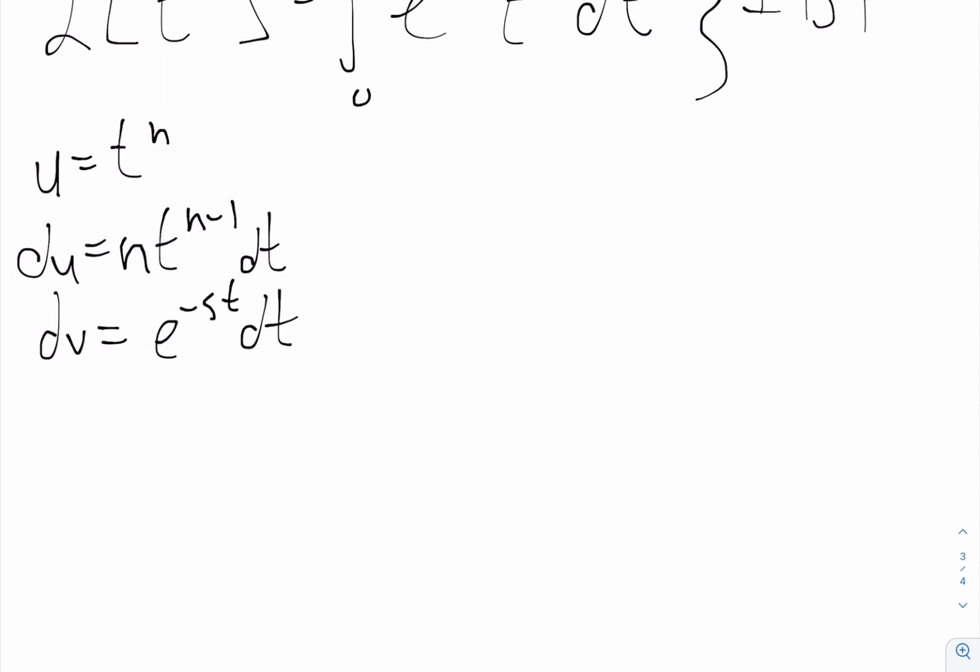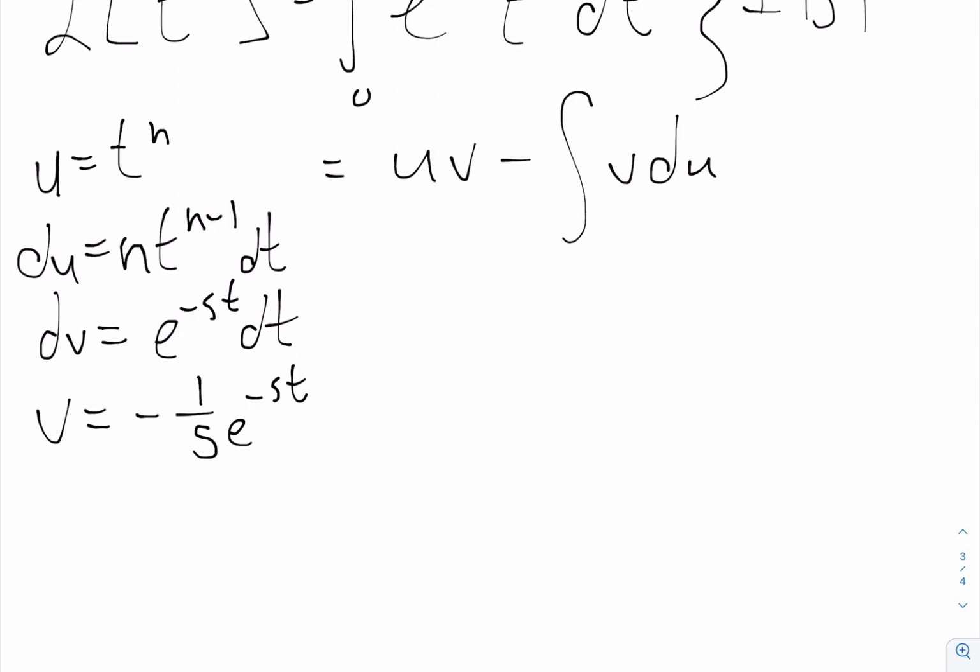Okay, and then v is just the integral of that. So it's going to be negative 1 over s e to the negative st, because if we did a u substitution here, we're going to end up getting 1 over the derivative of this times this exponential itself. Okay, so integration by parts tells us this integral is equal to uv minus the integral of v du.